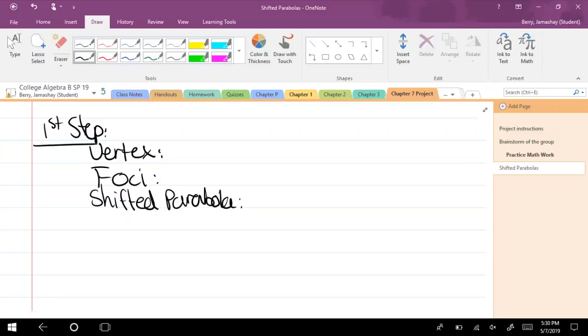Because if you find these points, then your graph is already done. So, yeah.